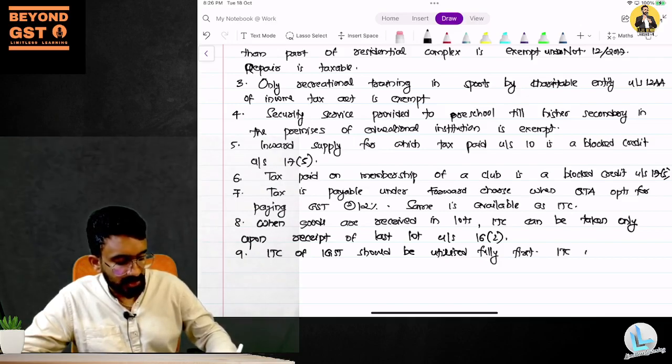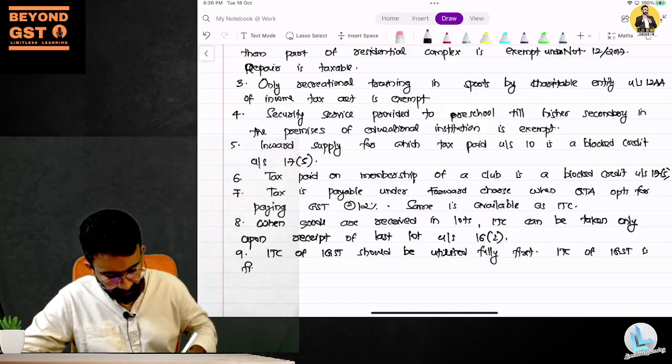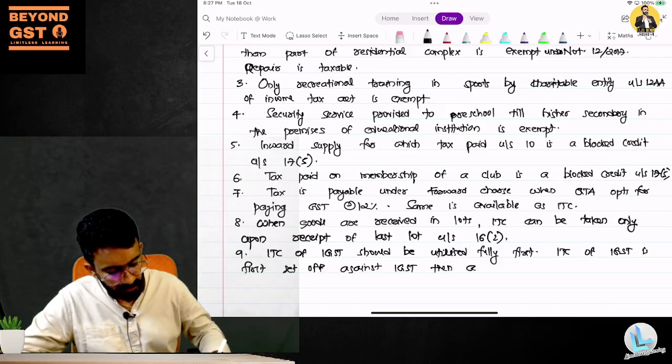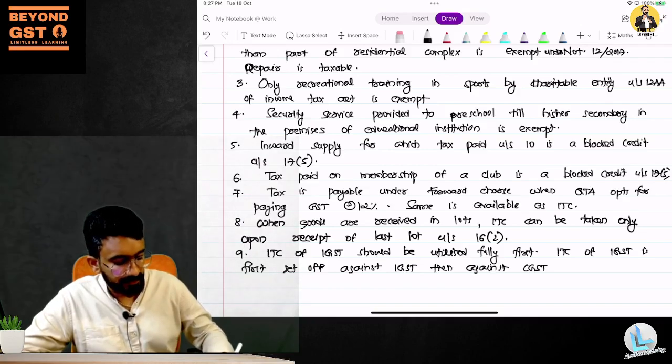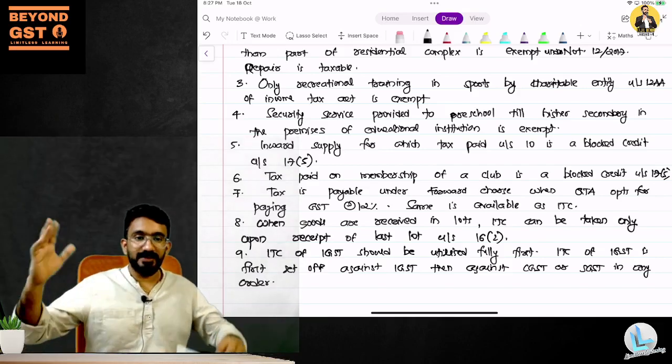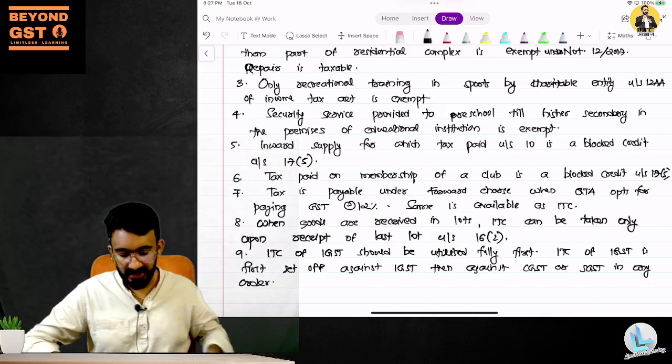ITC of IGST is first set off against IGST, then against CGST or SGST in any order. These many working notes you can write. See, lavish.